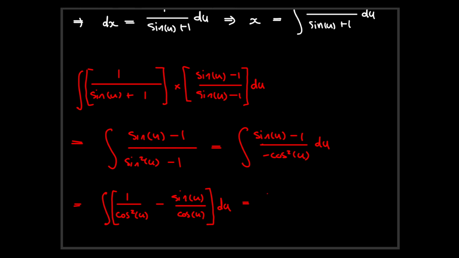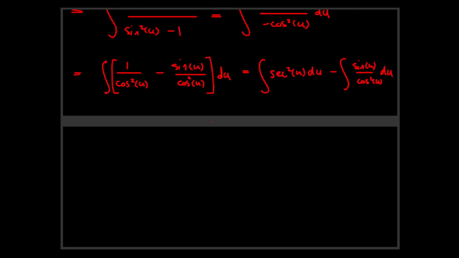This can be rewritten just as the integral of sec squared u du minus the integral of sine u over cos squared u du. I forgot the cos squared here because of this, right? So here we just keep it the same. It's easier to integrate this way. Okay, good. And this will bring us to a final solution for this integral.